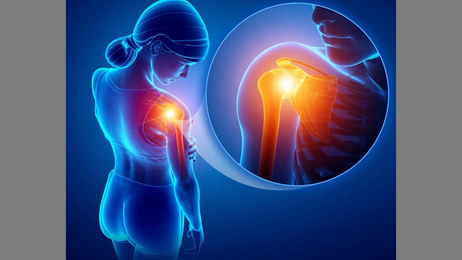Now let's do three assessments that you can do on yourself to determine whether or not you have some shoulder pathology or impingement going on. The test we can start off with is called the painful arc test. Basically, you bring your arm all the way up from your side over your head, and you determine if there's pain at a certain motion, typically between 60 and 120 degrees.